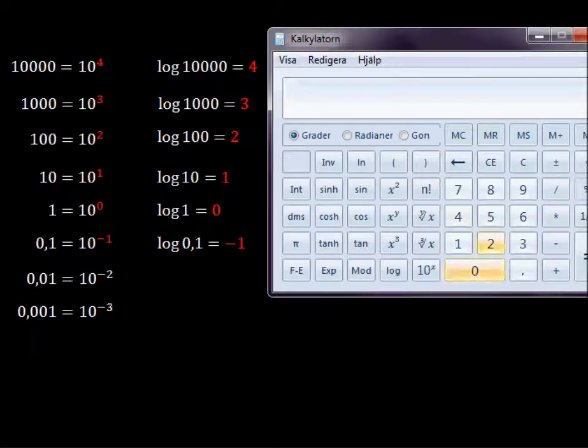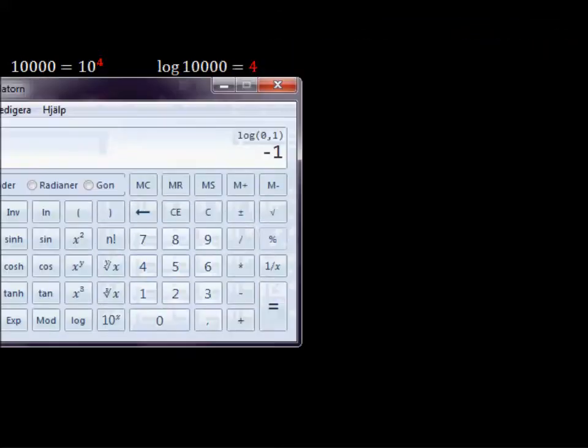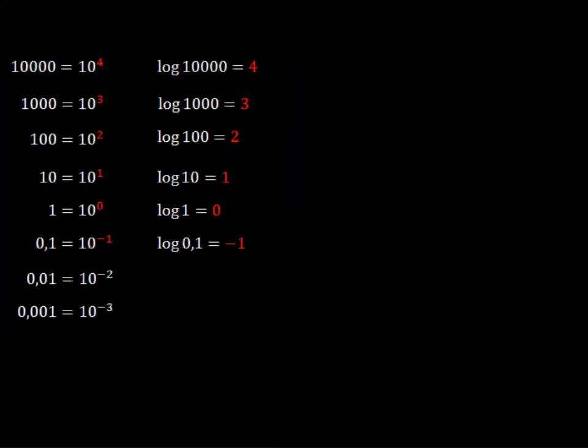Okay, we have 0.1 log, which is -1, just like the little chart said. Put the calculator on the side again. Let's check this out. Here again, 10 raised to the power of -2 gives you 0.01. That's why the log of 0.01 is -2.